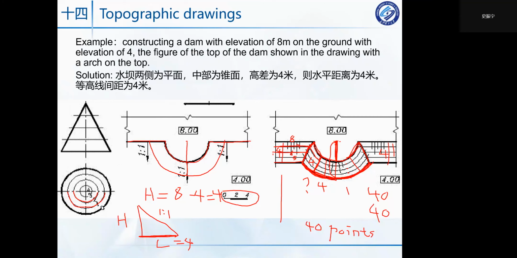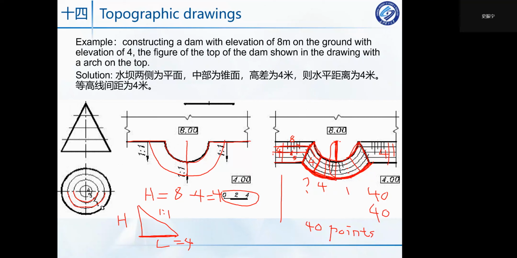But usually it is not efficient. If you tell me to draw 40 lines in this interval, I will get bored and very tired.